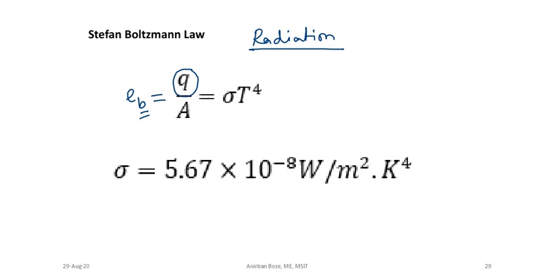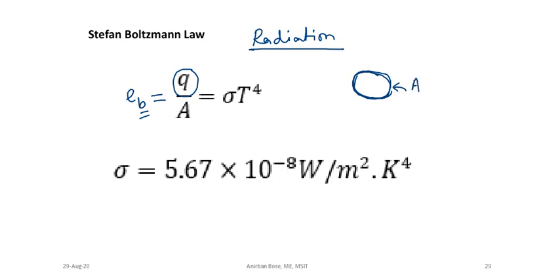So this is the emissive power of a black body, which indicates the radiation flux that is emitted from a black body. So Q divided by A, where A is the total surface area of the body.